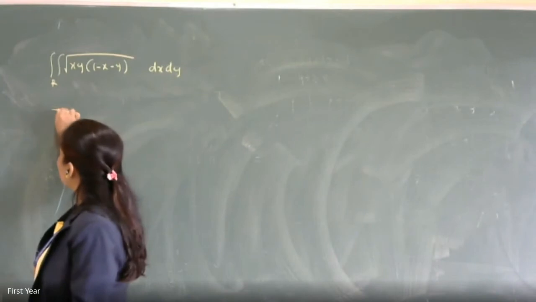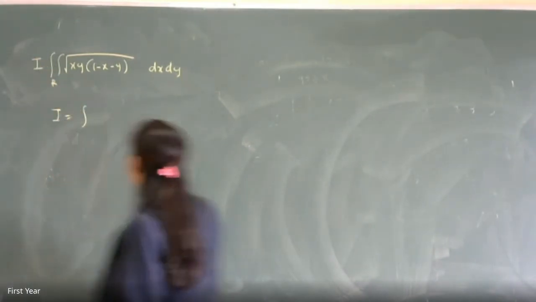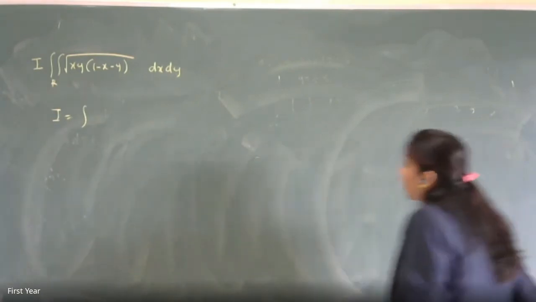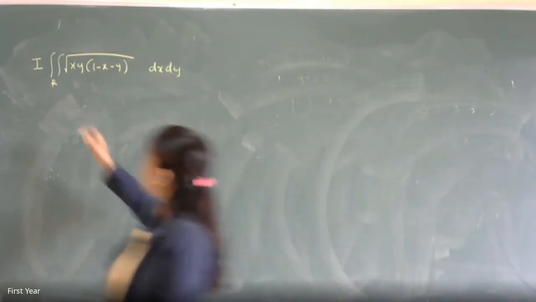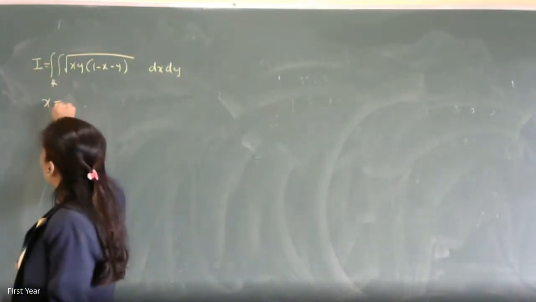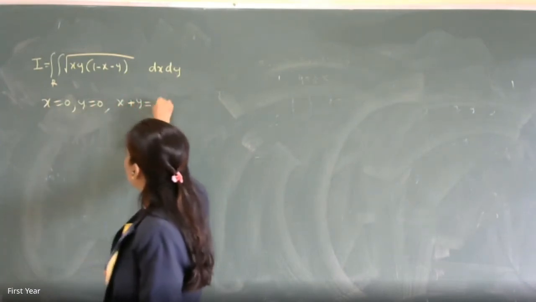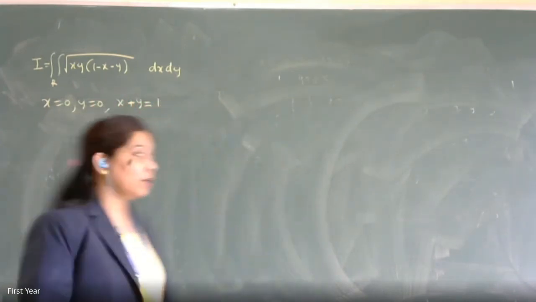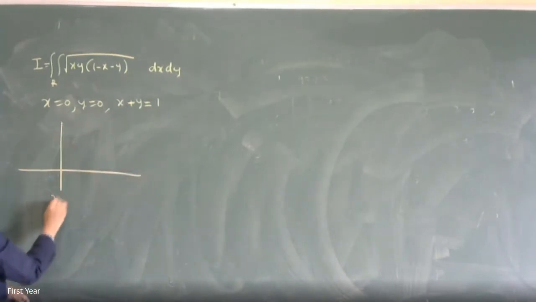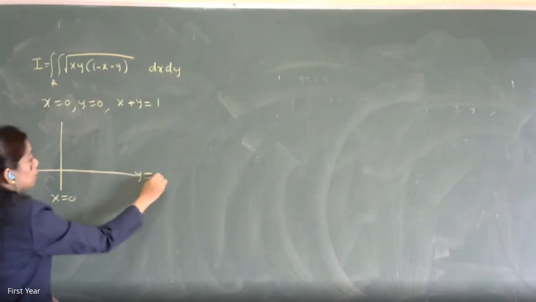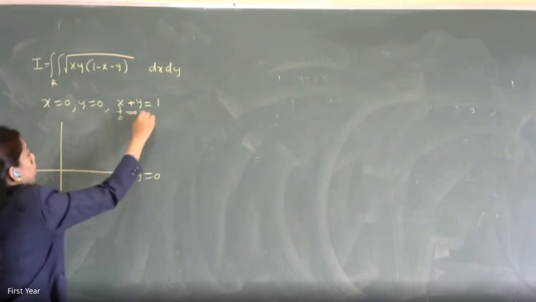So what is asked is I, which is the integration. You have to first find the region. So what is the region? x is equal to 0, y is equal to 0, x plus y is equal to 1. A simple diagram. x is equal to 0 is the y-axis, y is equal to 0 is the x-axis. For x plus y is equal to 1, when you put x is equal to 0, you get y is equal to 1.